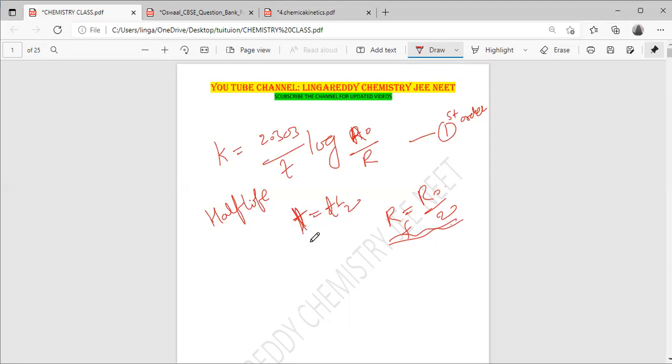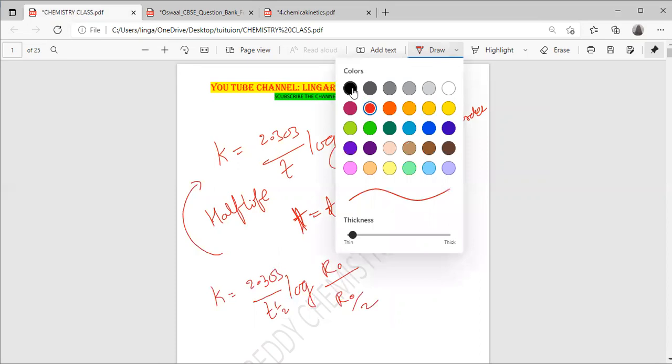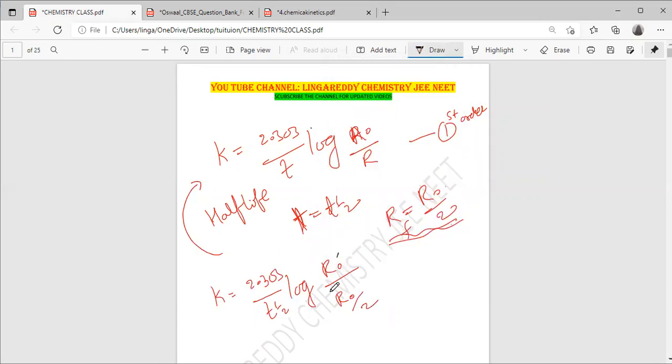So these values put in this. Then K as it is, K equals 2.303 by t of half, log r naught as it is, upon, in place of r, r naught by 2. This much clear? Yes, sir. So here r naught and r naught will get cancelled.